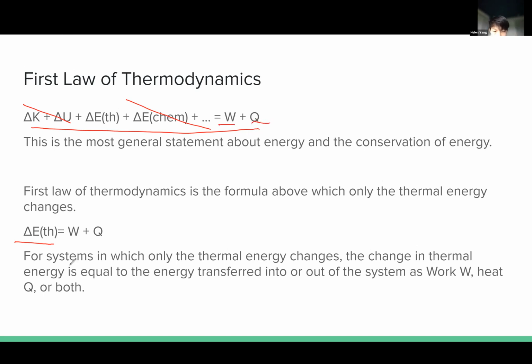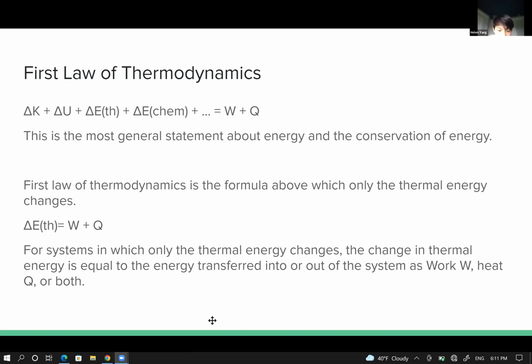So for systems in which only the thermal energy changes, the change in thermal energy is equal to the energy transferred into or out of the system as work, W, and heat, Q, or both. Now you guys can work on example 2.